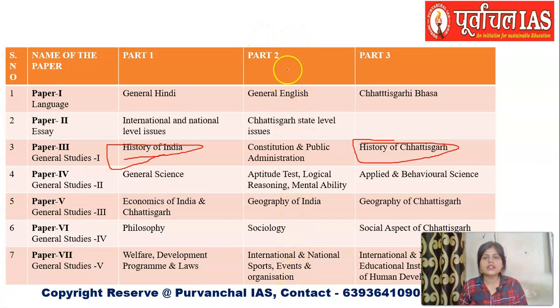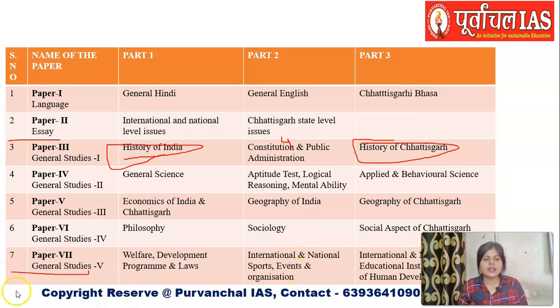So specifically I am talking about paper 3 to paper 7. Leave language and essay for now. The pattern that I am talking about is applicable from paper 3 to paper 7. So in section 4, you will get questions from this part, which is of 10 marks.